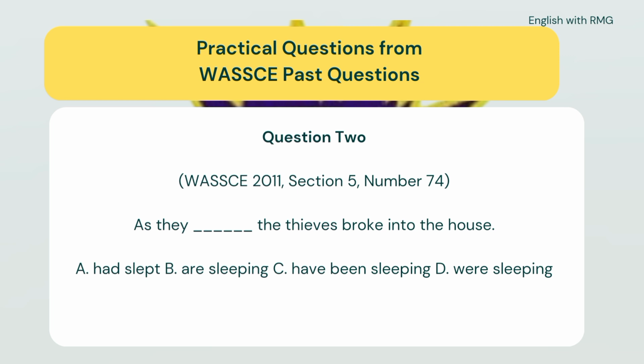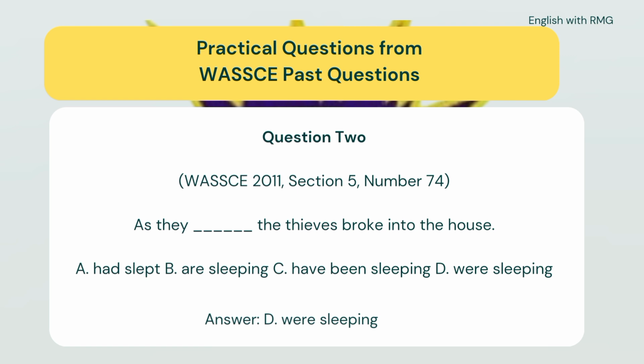So it's going to be what? As they were sleeping, the thieves broke into the house, because the sleeping was an ongoing action in the past that happened at the same time that the thieves broke into the house. So because sleep was an ongoing action, then it's going to be in the past continuous tense. So our answer is what?